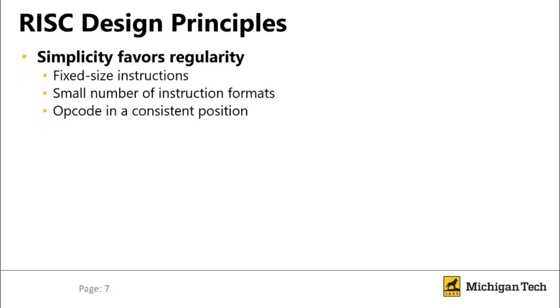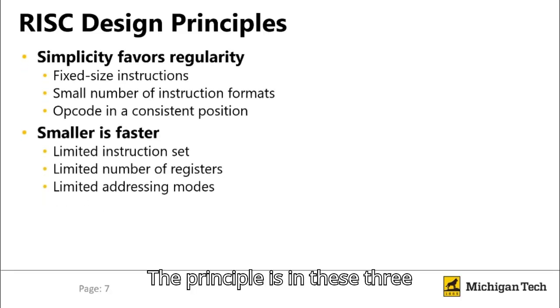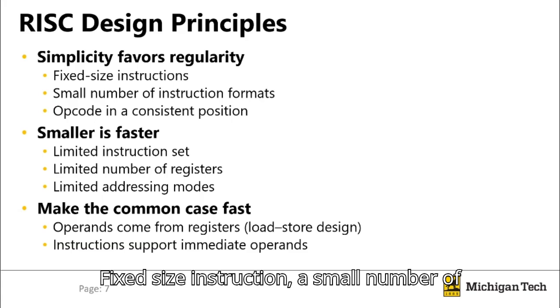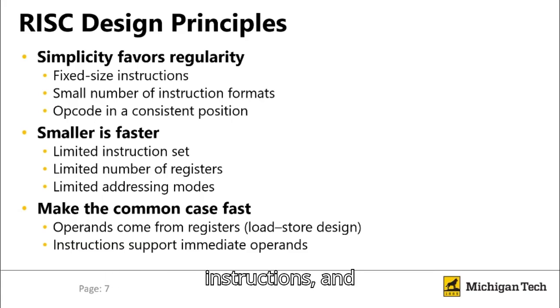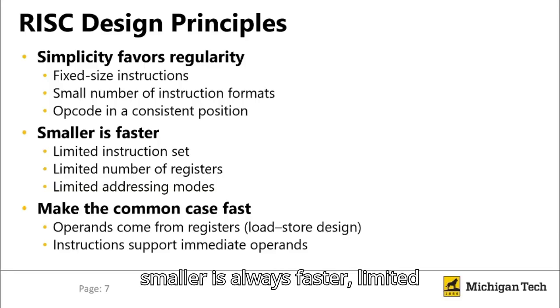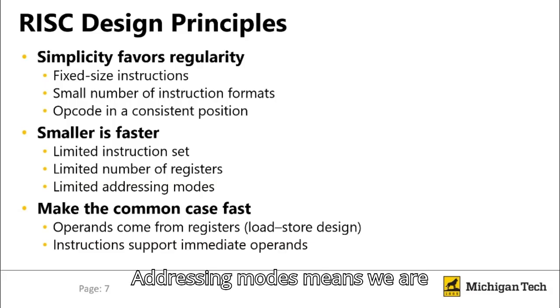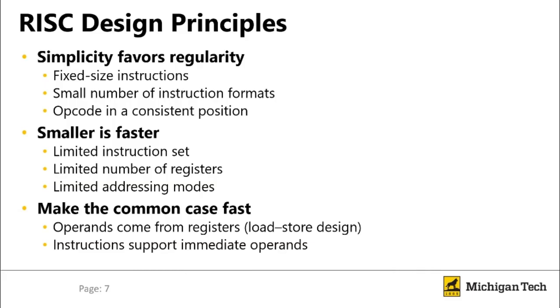So the principle is in these 3 parts: fixed size instructions, a small number of instructions, and in a consistent way. Smaller is always faster: limited instruction set, limited number of registers, limited addressing modes. Addressing modes means we are not working with different types of addressing; we just have one addressing mode.